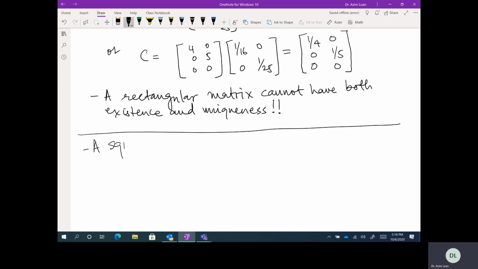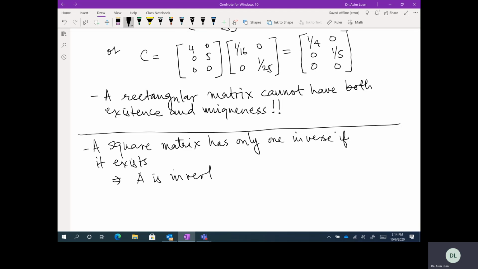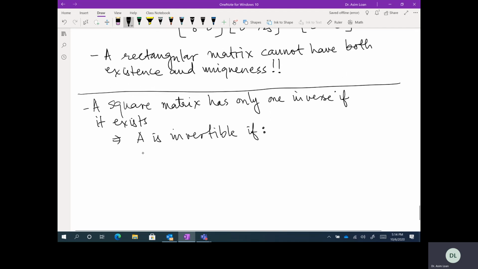A square matrix, and all these statements are identical. A square matrix has only one inverse if it exists, and this implies A is invertible if, so these are 8 statements. One, columns span Rn, because it's a square matrix.